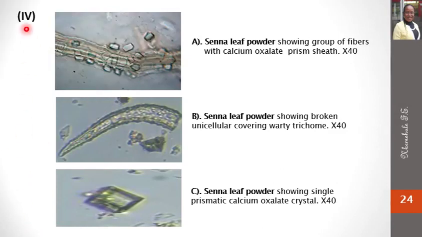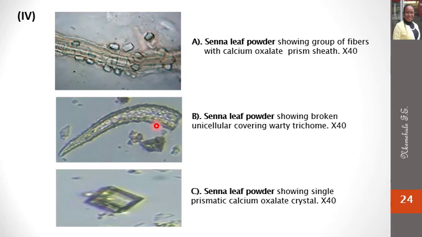Image 4 shows cleared Senna leaf powder. In 4A, we can see a bundle of fibers with calcium oxalate prism sheaths. In 4B, we can clearly see a unicellular covering warty trichome, though it's broken. It will be important to mention here that stomata is not the only diagnostic character of a leaf drug.